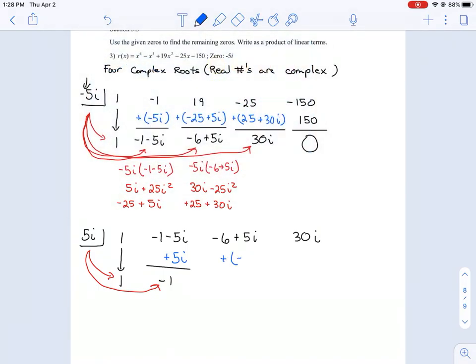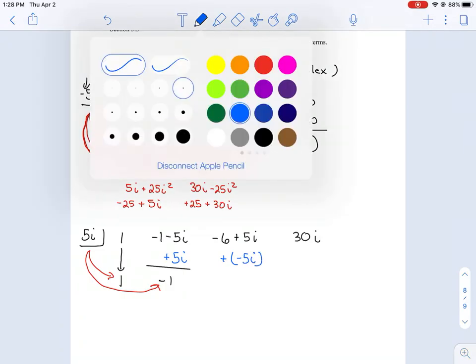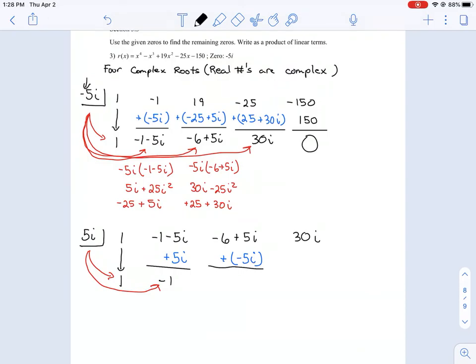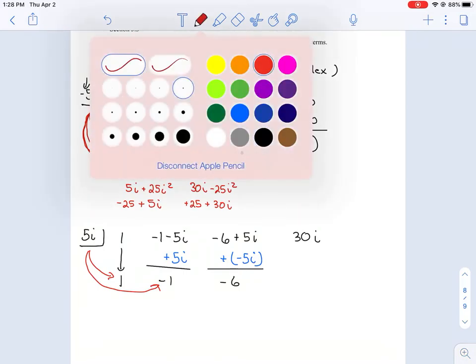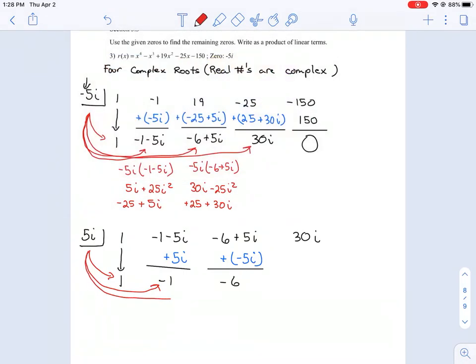So I'm going to add a negative 5i to negative 6 plus 5i, and that should be negative 6. And then 5i times negative 6 is negative 30i. And the result is a remainder of 0.